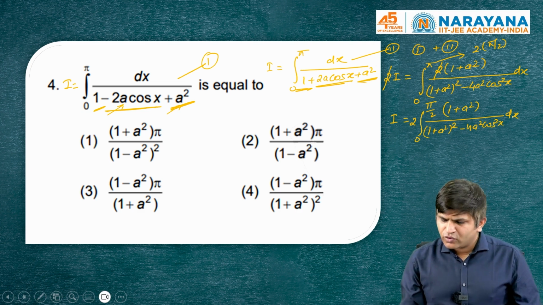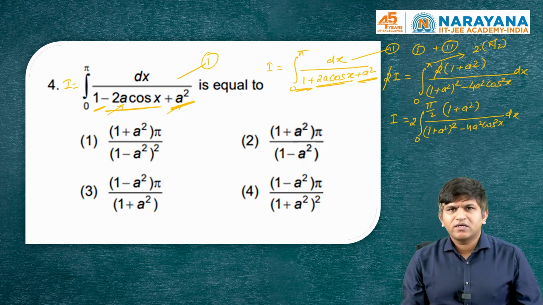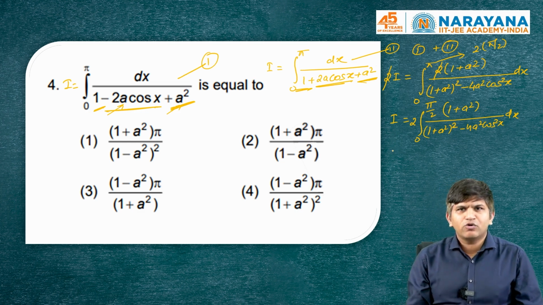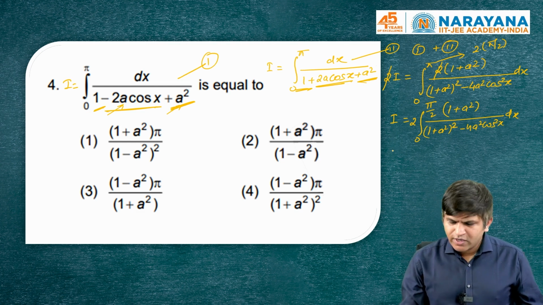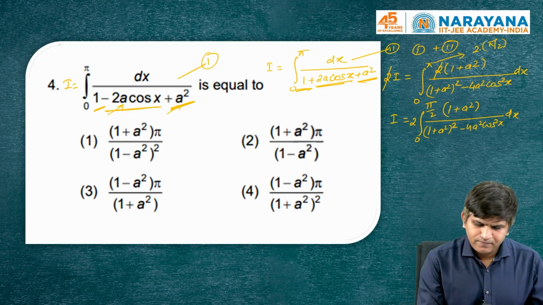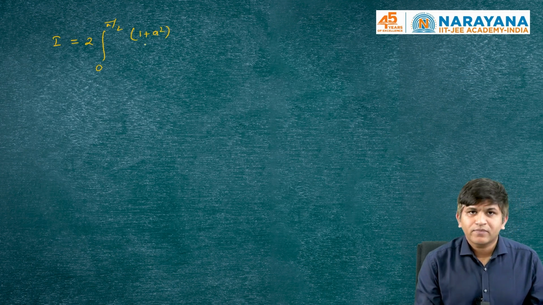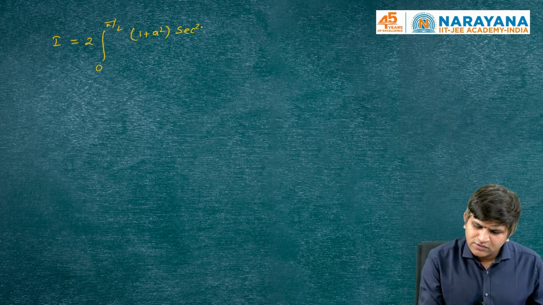Okay, now we want to solve this problem. While solving this problem, this is a very standard problem format we have. So we have to divide numerator and denominator both by cos square x. So if we divide numerator and denominator both by cos square x, we can write I equal to 2 times integral 0 to pi by 2, 1 plus a square, and if we divide this by cos square x, we are going to get sec square x.